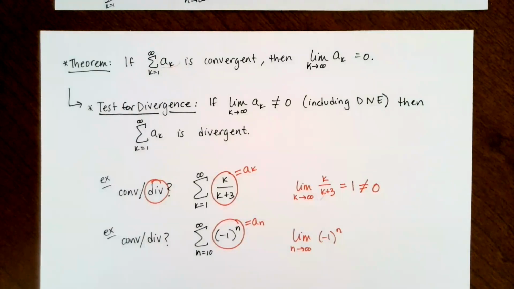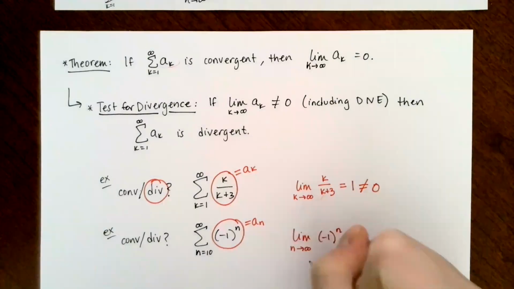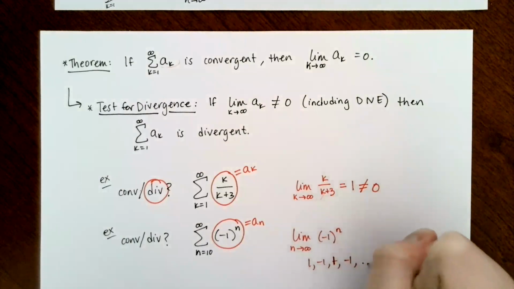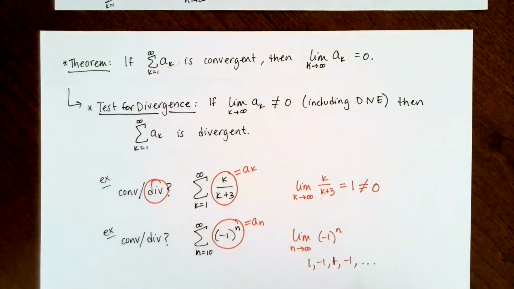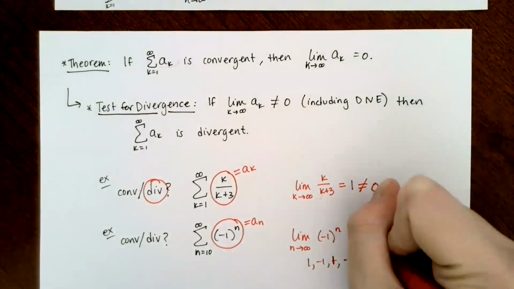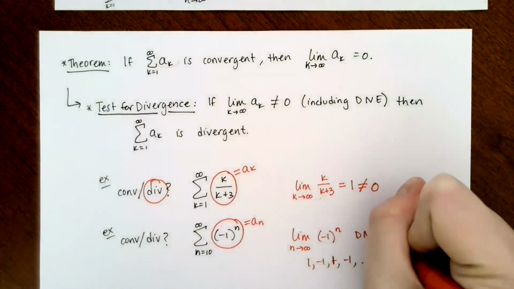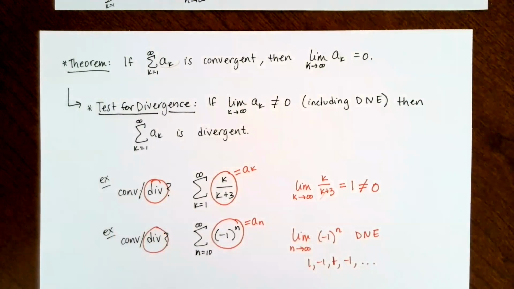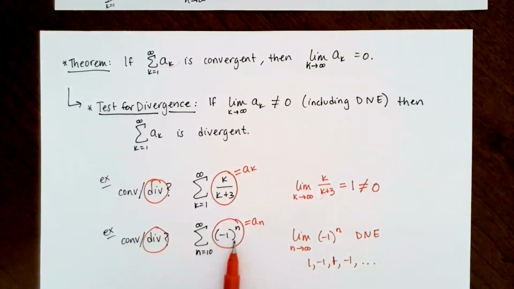This limit doesn't exist, because every time you plug in a different value of n, you get 1 or -1, 1 or -1. It should be positive and then negative and so on. So it doesn't really go off to one of the infinities. It's a true DNE. So this is also divergent by the test for divergence, because these individual terms don't go to 0.